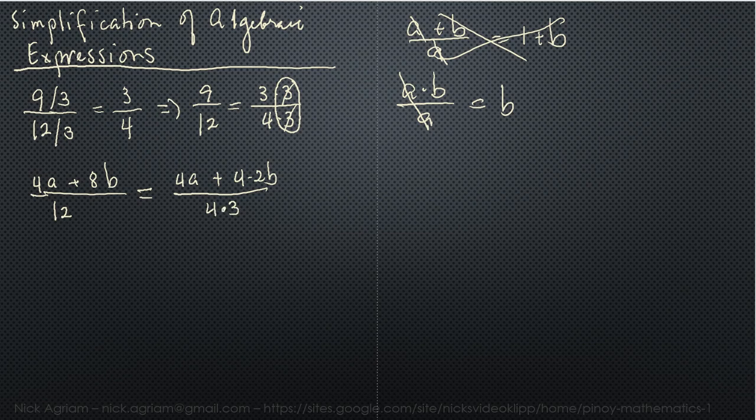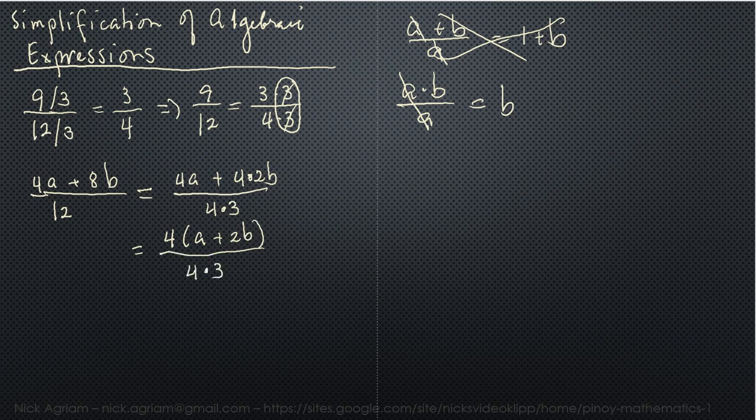Then we have a common factor, 4, and then we have a plus 2b. This is also multiplication, 2b divided by 4 times 3.